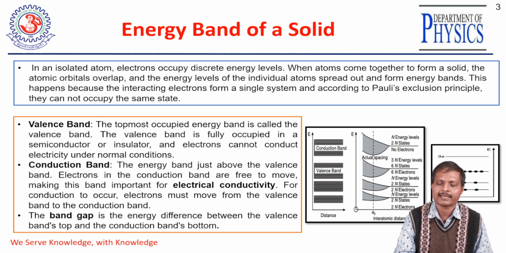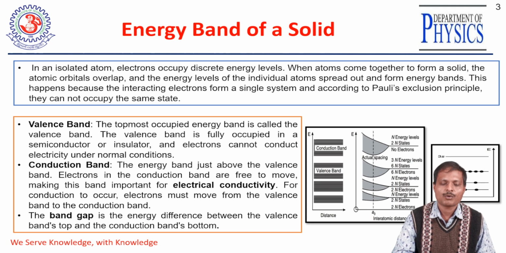Similarly for the 2s state the situation is similar, but for the p case there are 6 electrons, so for the n-atom system 6n states will be there. As a result, 3n energy levels will be there. But the 3s state is completely empty, because there is no electron at all.